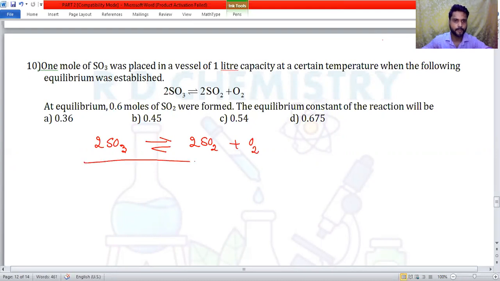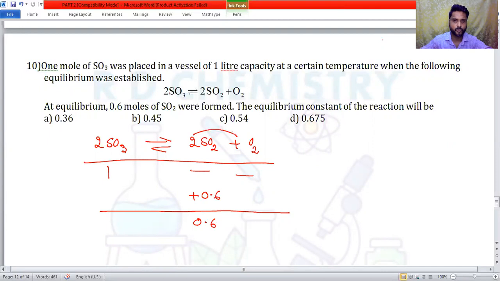To start with, they are taking 1 mole. Initially products are not formed. At equilibrium, 0.6 moles of SO2 is formed, so here I should write down 0.6 moles. See the ratio, 2:1 here, 0.6:0.3.